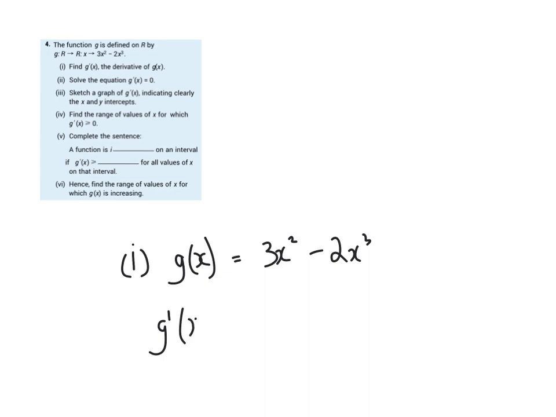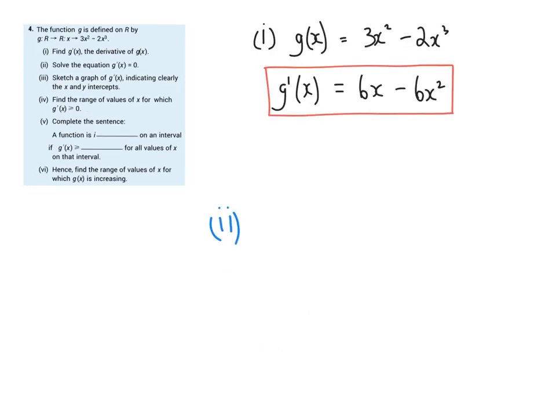The first thing we have is our function g of x, which is defined as 3x squared minus 2x cubed. So g prime of x is going to be equal to 6x minus 6x squared.